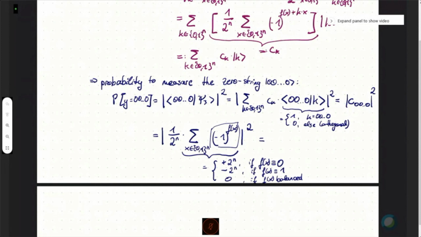Summarizing that, if we multiply it with 1 over 2 to the n, take the absolute value and square it, then for the case where f of x is constant, one of the first 2 cases, we get in both cases exactly 1. Well, in the case where f of x is balanced, we just get 0.